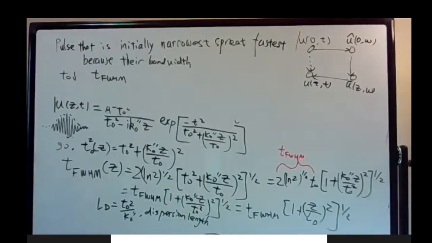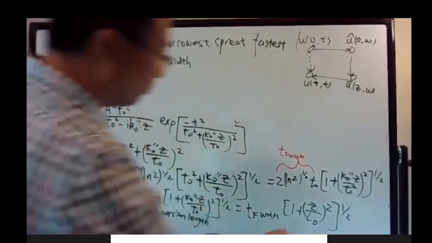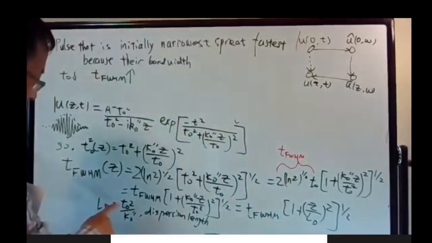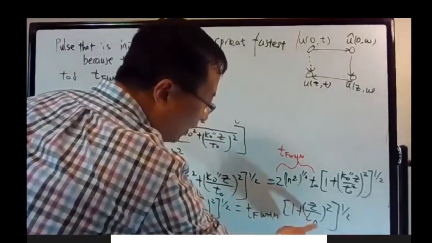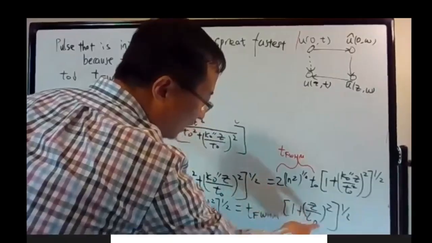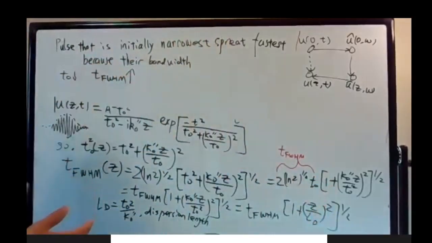Okay, so now the reason is that we have the LD over T naught small, so it's in the denominator, right? If we have a small denominator, that means everything is big, so it increased fast. But why did it increase fast?